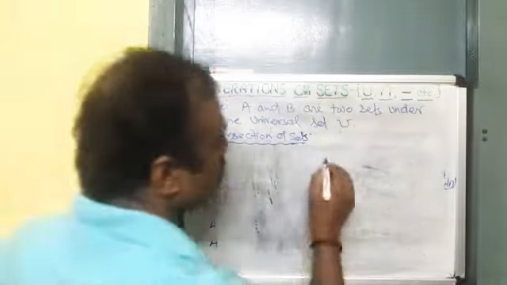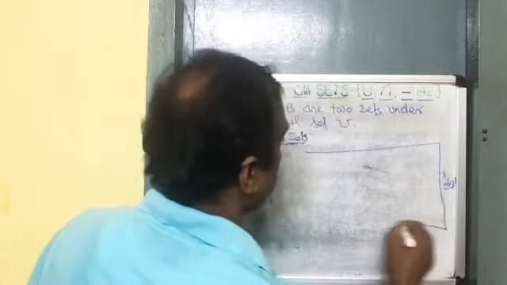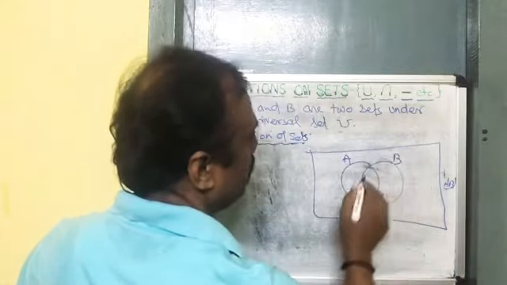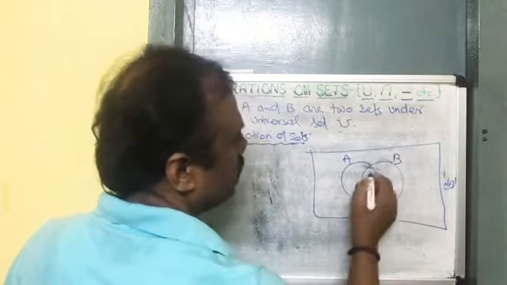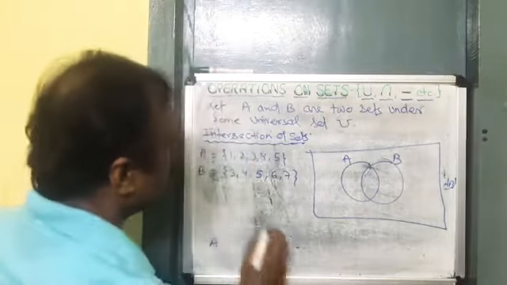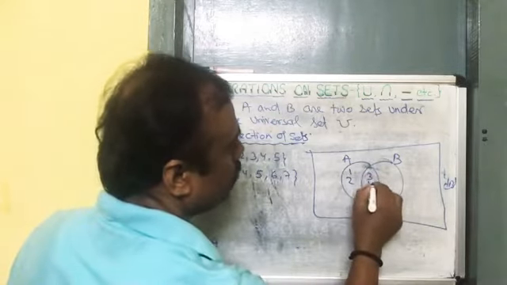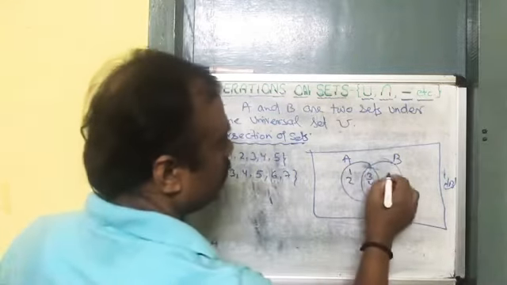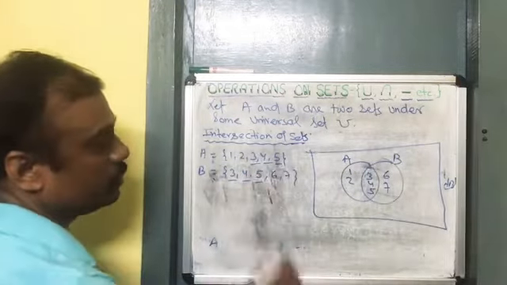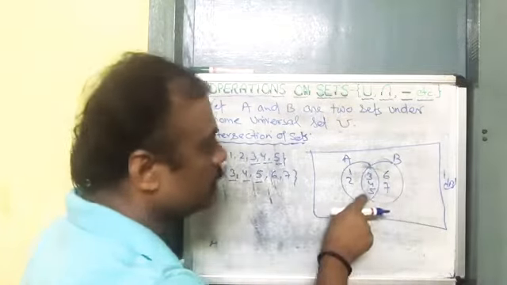Let us try to understand with the help of a Venn diagram. In the Venn diagram, let us take two sets, A and B, with a common area. Let A have 1, 2, 3, 4, 5 and B have 3, 4, 5, 6, 7. As you see, 3, 4, 5 are in both, so I have taken these in the common area.